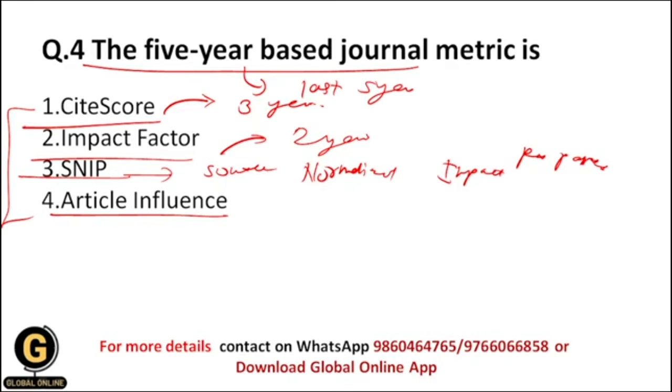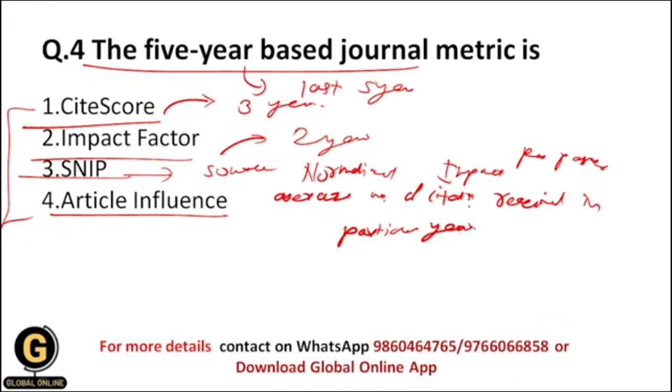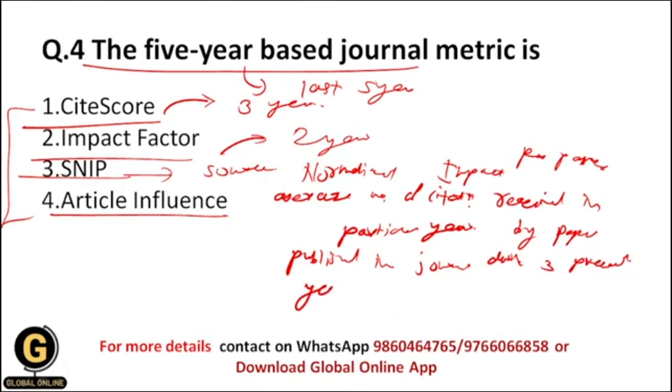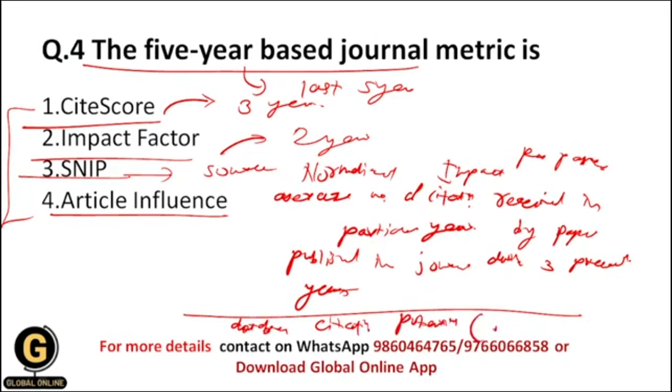So basically this is the ratio of the average number of citations received in a particular year by papers published in the journal during the 3 preceding years to the database citation potential, that is DCP.